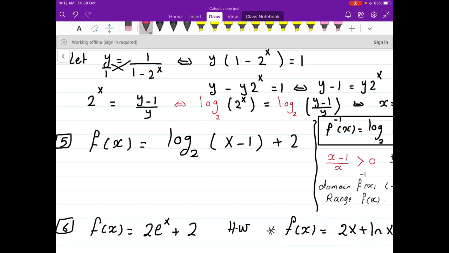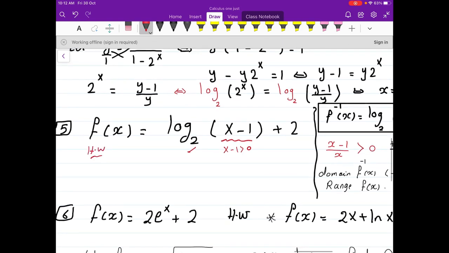To practice more, try to find f inverse for the function log base 2 of (x minus 1). To find the domain of this function, x minus 1 must be positive, and the domain of this function is the range of f inverse.